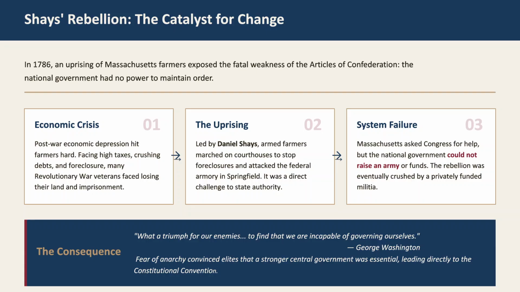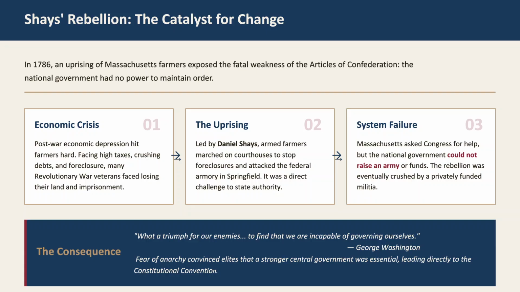They rose up to protest the high taxes and foreclosures on their farms. They were being levied high taxes by Massachusetts, and if they couldn't pay, they would have their farms seized. So Daniel Shays led a rebellion to shut down the courthouse to prevent judges from being able to seize their farms.